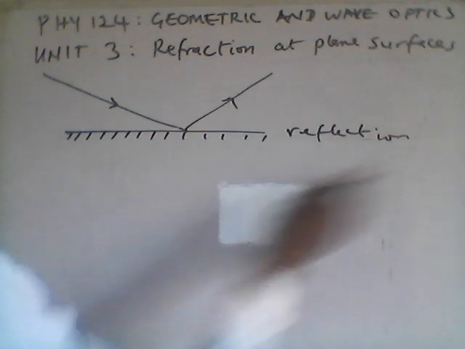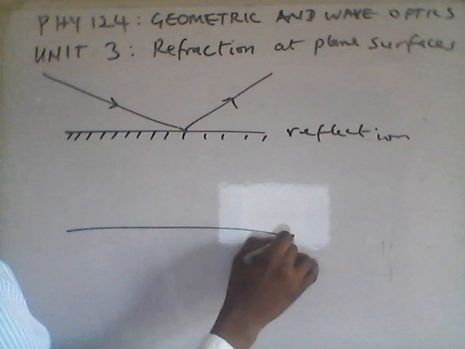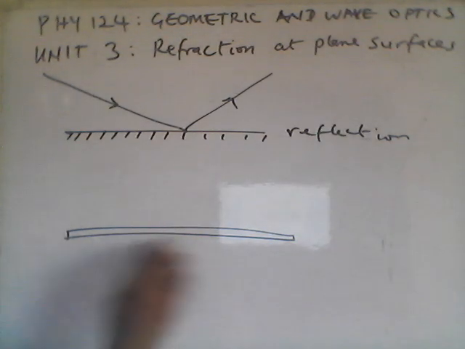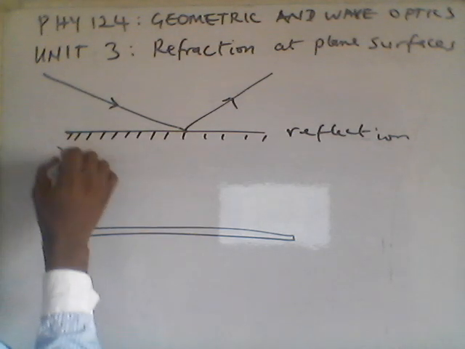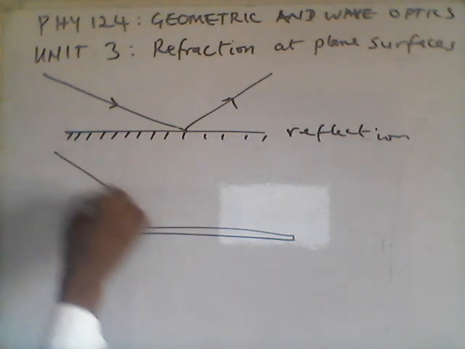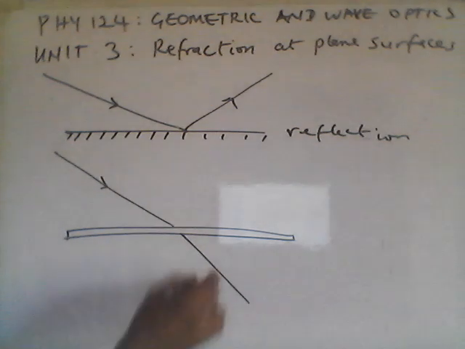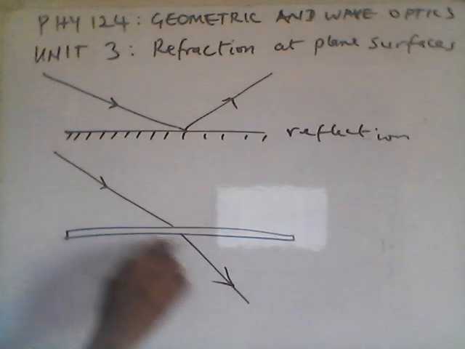Now refraction happens when the material, the surface, is transparent. It's not coated at one end. So we're looking at a ray coming into the object and still going out of the object. But in this case, the ray of light will not continue in a straight line.